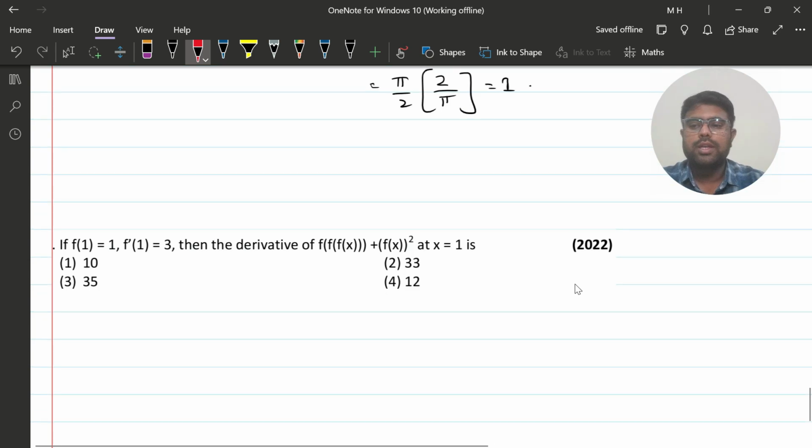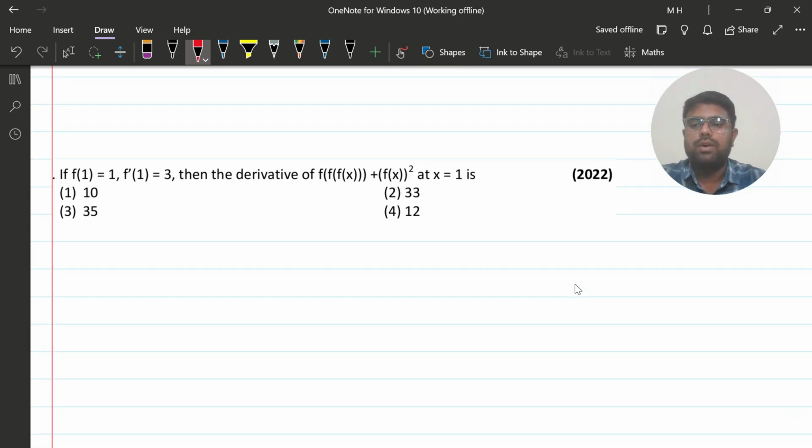Okay. So the next question says if f of 1 equal to 1, f dash of 1 equal to 3, then find the derivative of f of x plus f of x whole square. Look, it's a mere chain rule that we'll have to use. I suggest that you pause the video and try to solve this here. However, I will take it up immediately.